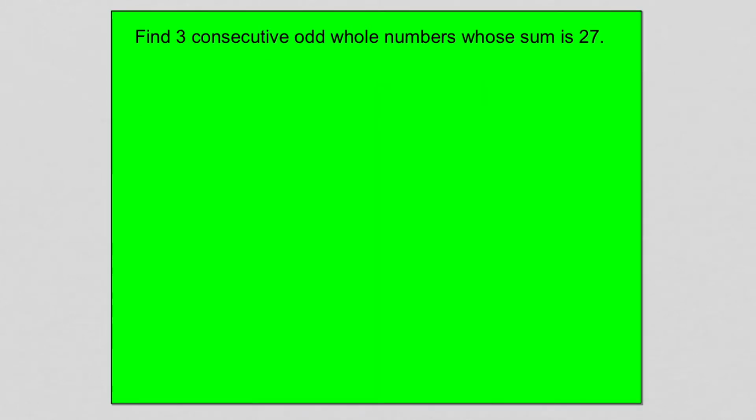So I gave this problem, which is a little bit different than the ones we did before. It said find 3 consecutive odd whole numbers whose sum is 27. Well, after some guessing and checking, the kids discovered that 9 plus 11 plus 13 is not the answer, but what they did discover is you could do 7 plus 9 is 16 plus 11 is 27.